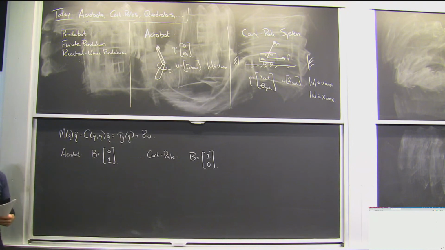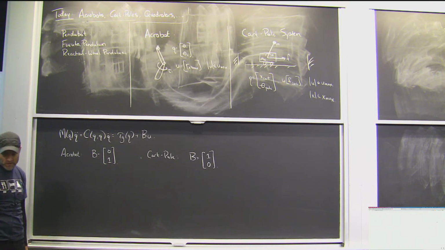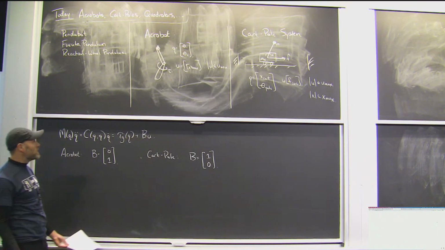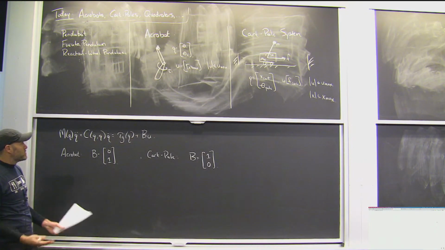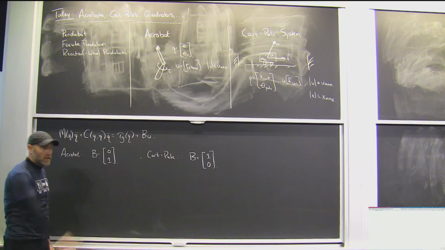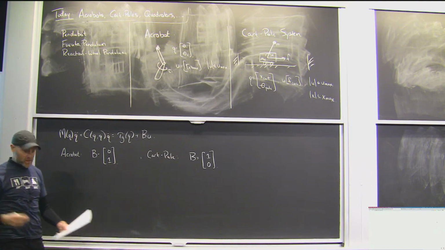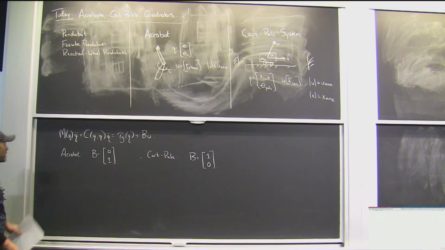No surprise, they're both underactuated, right? And the interesting task for both of them is to take your system from an arbitrary initial condition, but typically something kind of dangling near the bottom, and figure out some feedback control law in general to try to swing up and balance at the top. That's the task.